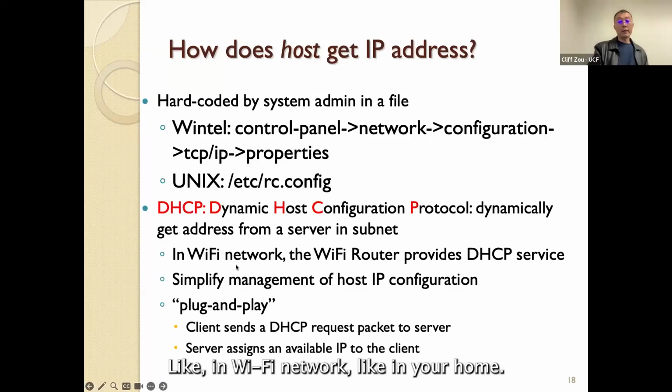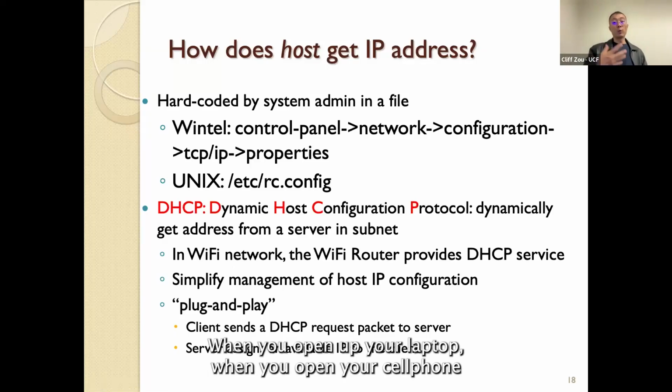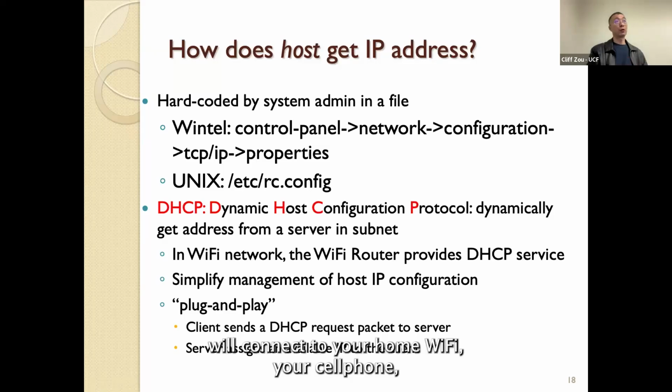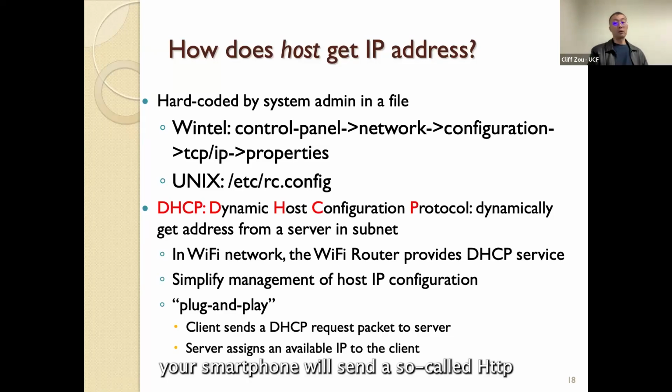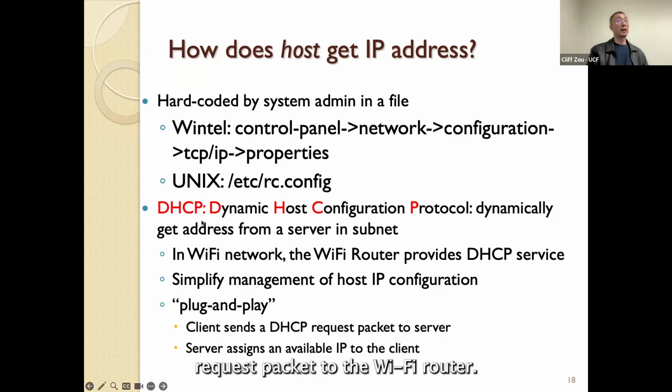Like in a Wi-Fi network in your home, when you open up your laptop or your cell phone to connect to your home Wi-Fi, your smartphone will send a so-called DHCP request packet to the Wi-Fi router. The Wi-Fi router provides this DHCP service.